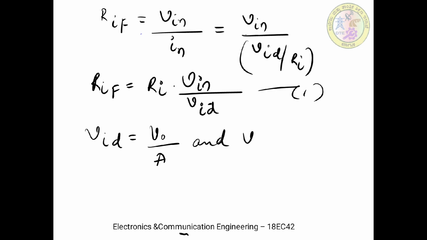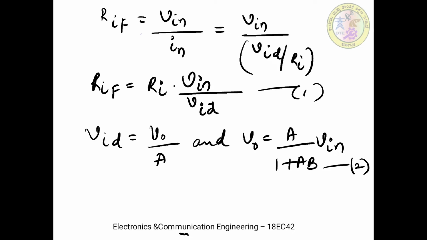Also we know that V0 is nothing but A divided by 1 plus AB into V in. So this is the relation existing between V0 and V in, as well as open loop gain A and the feedback B.